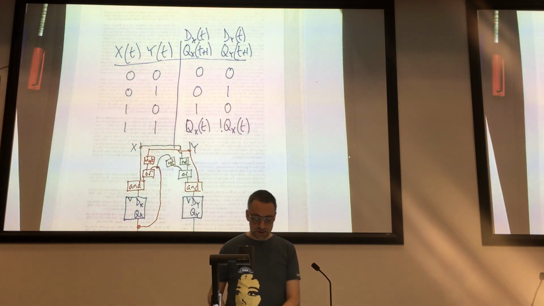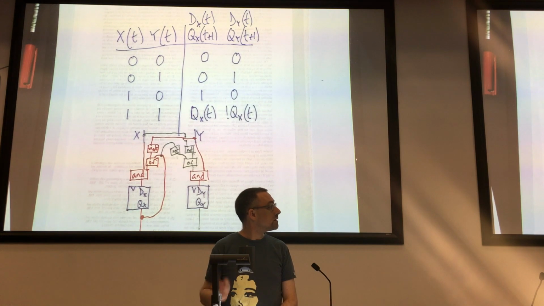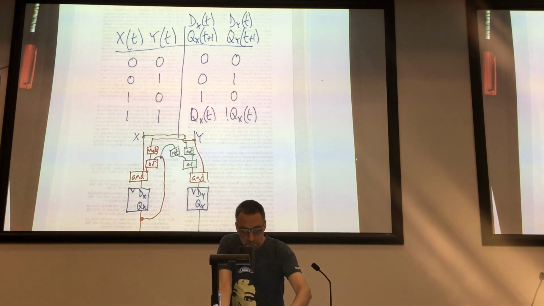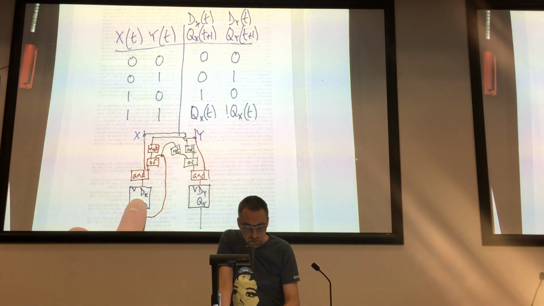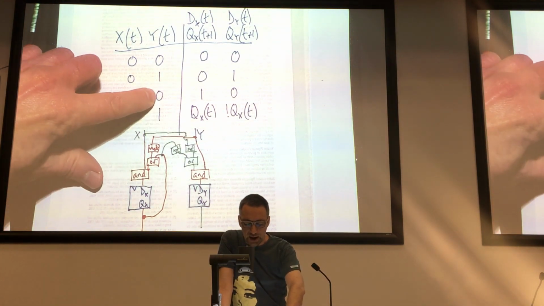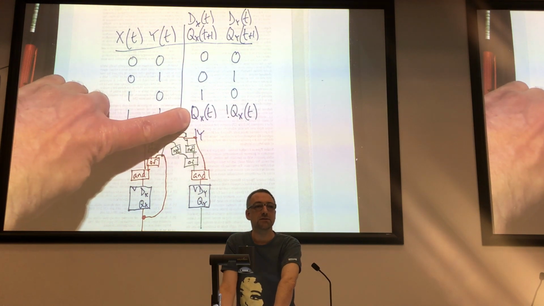Okay, so let's just check that we believe this circuit actually codes up the rules, codes up what we've written. dx will be 1 when x is 1 and either y is 0 or qx is 1.